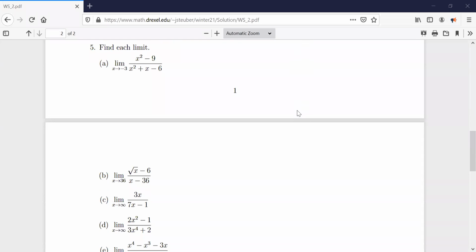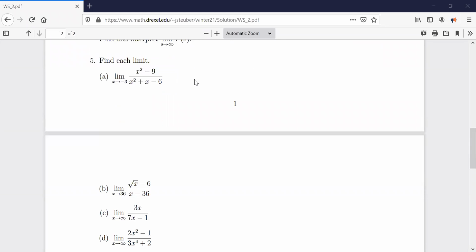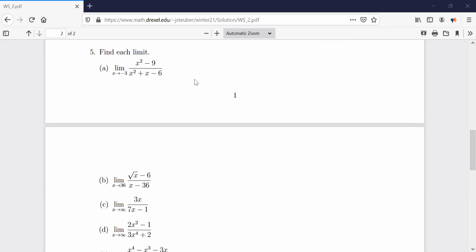We would only care about this in the case that the top has a bigger power than the bottom.